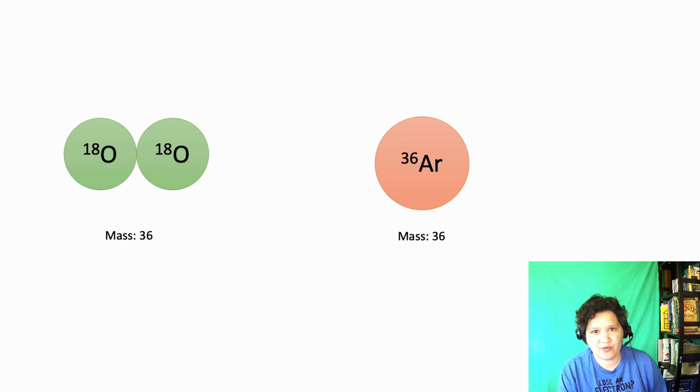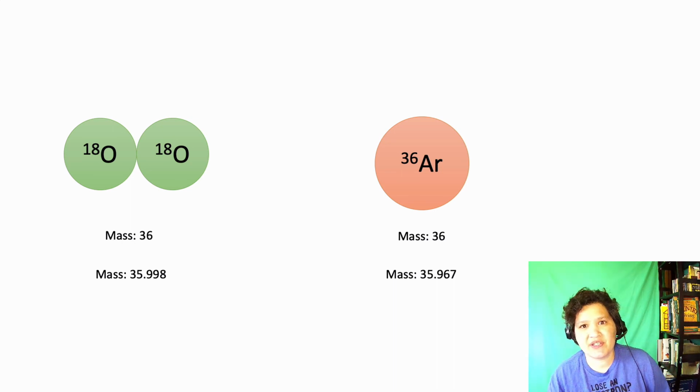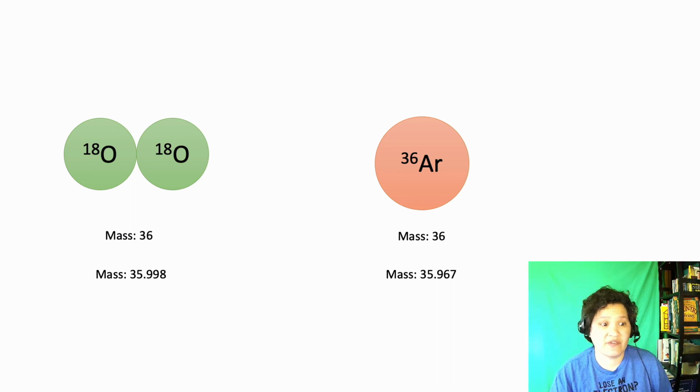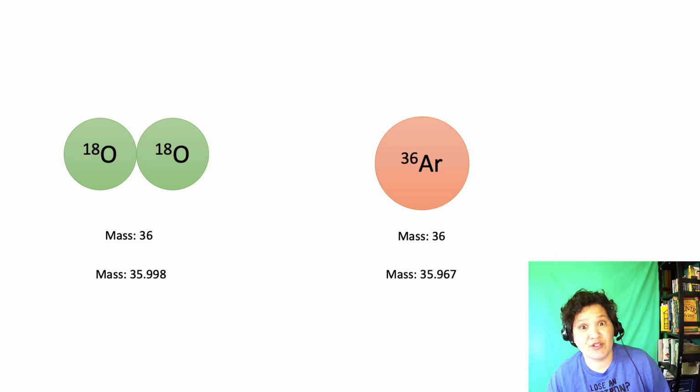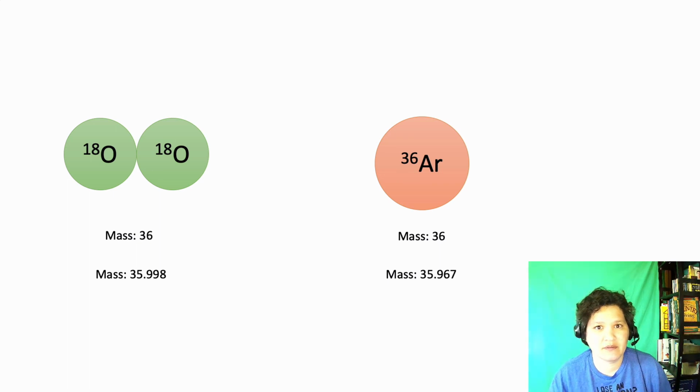As it turns out, you can get mass spectrometers that are far more sensitive, and you can't really do it with a quadrupole mass spec, but you can with the sorts of mass specs that you use for isotope analysis. So even though this oxygen molecule has a mass of 36, that's 2 sig figs. What if we knew that to more than 2 sig figs? The mass could be written as 35.998. The mass of an argon 36 is 35.967.